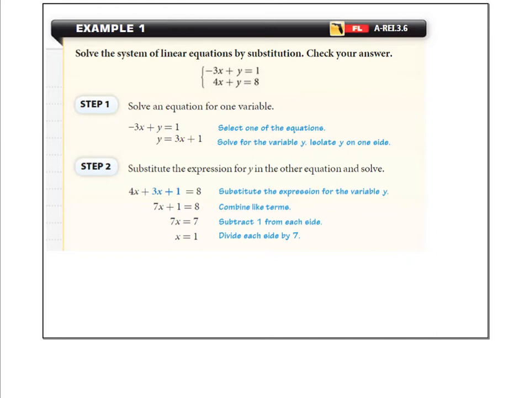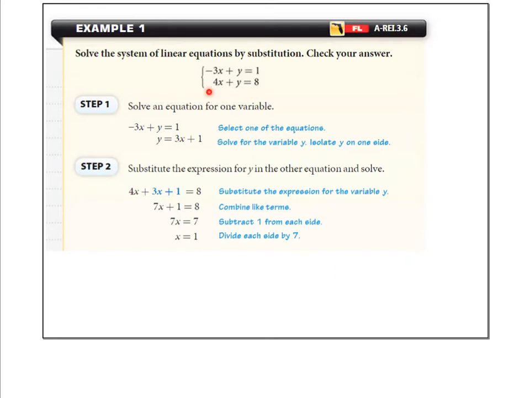So if I look at the first equation, negative 3x plus y, which is the one they're working with, the easiest variable to get by itself would be y. To do that, you would take this negative 3x and add it over, which is how it became positive. Now, if you look at the second equation, it also would have been pretty easy to get that y by itself because you would have taken that 4x and subtracted it. Either way would be fine. They chose to take the first equation.